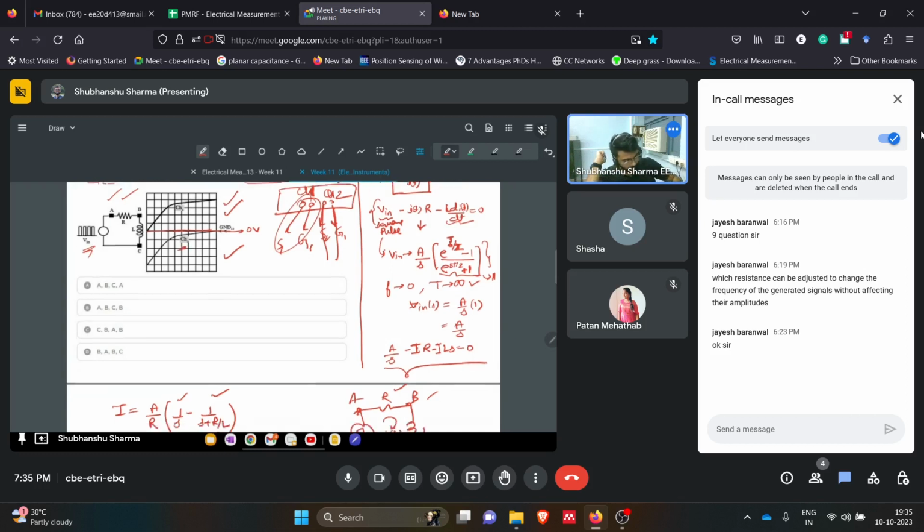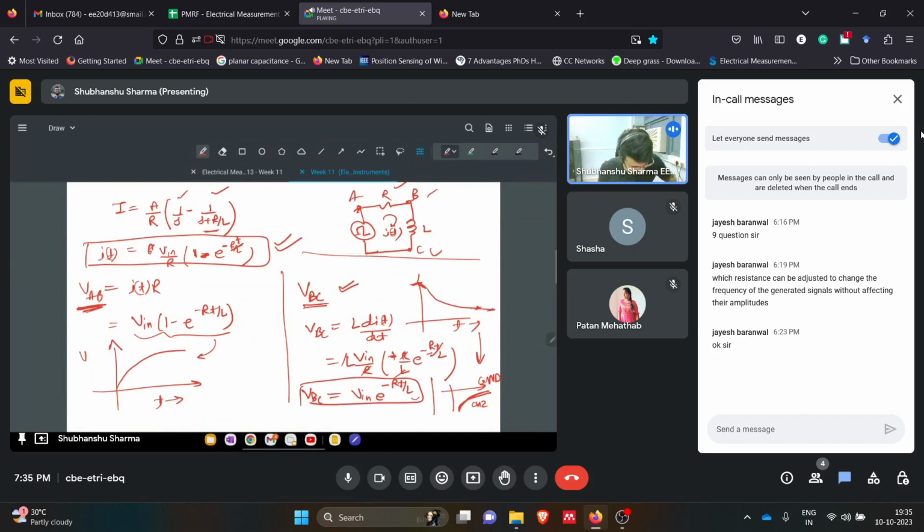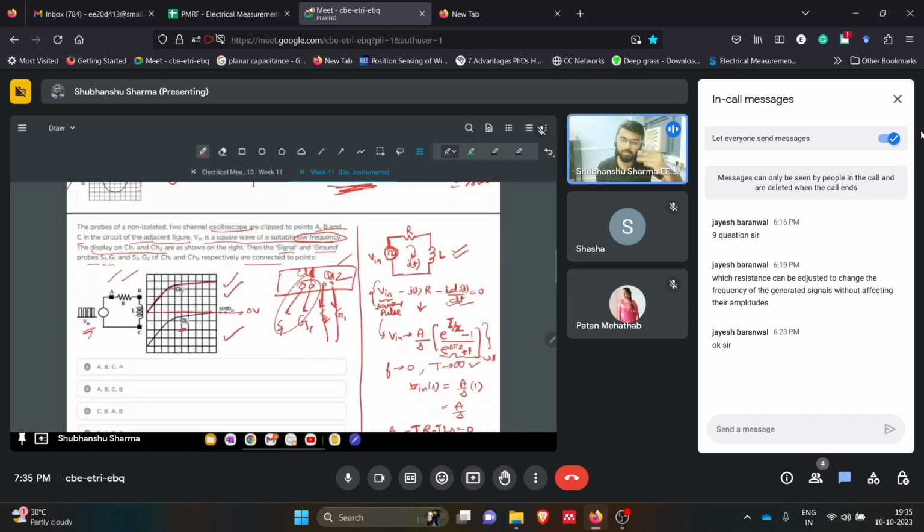Okay, now these are the observations. This was channel 1. In channel 1 we are getting the VAB voltage like this, and in channel 1 in the oscilloscope we are also getting the same shape of waveform.